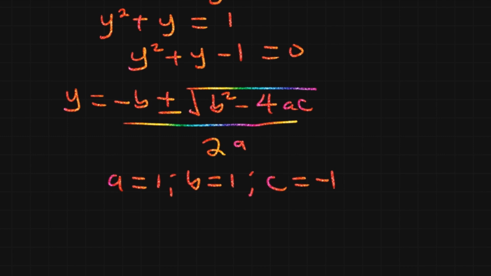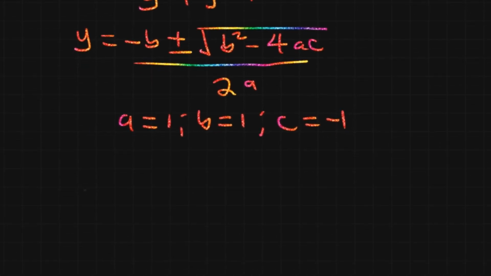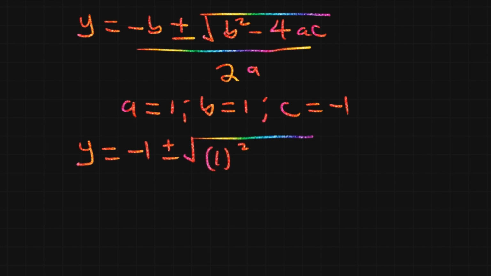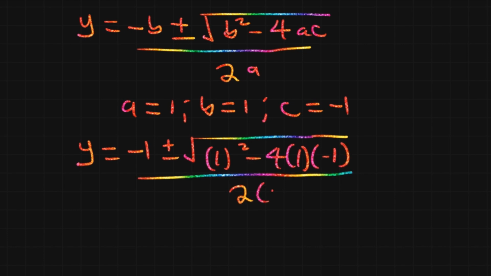So all we need to do is just substitute these values into our quadratic formula, so that y is going to be equal to minus b, that is minus 1, plus or minus the root of b squared, and b is 1, minus 4a times c, and that is all over 2 times a.